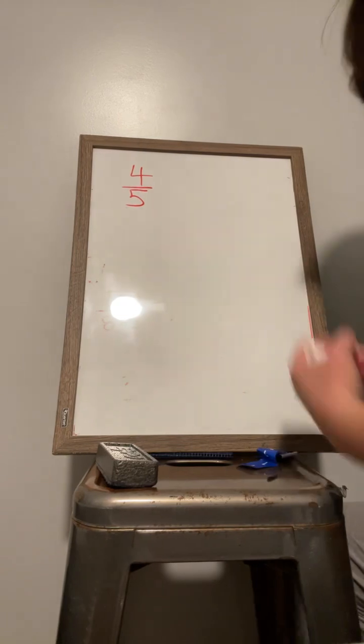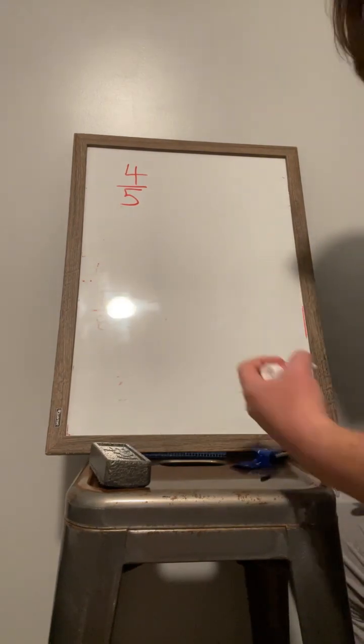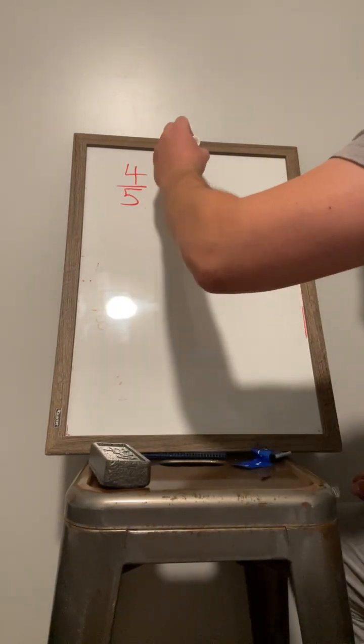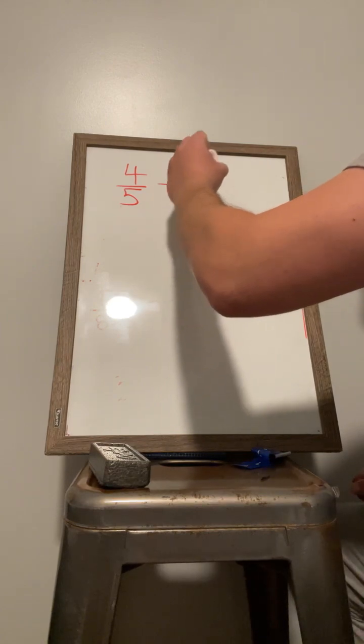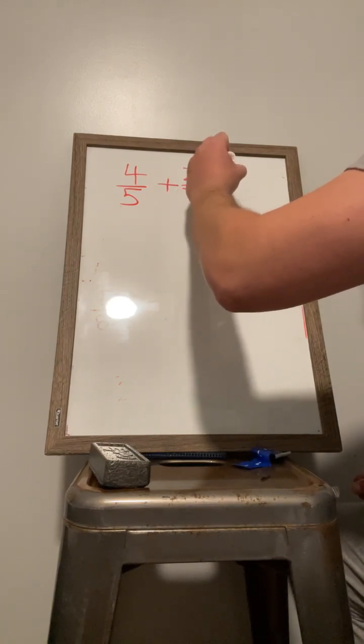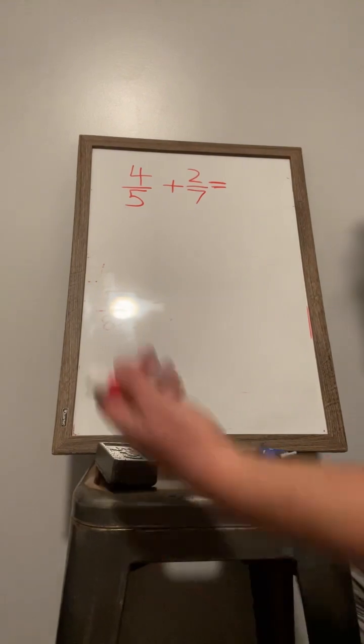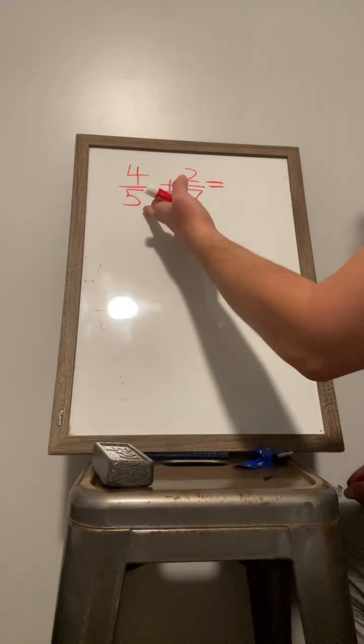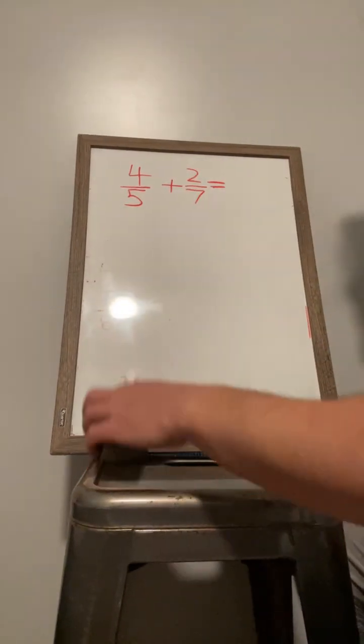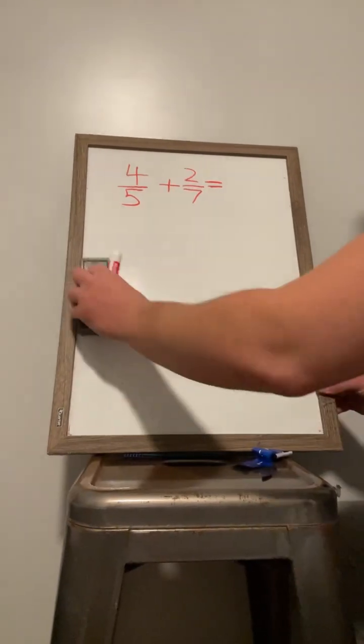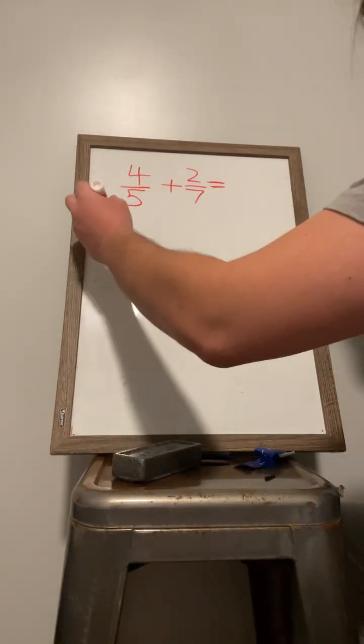All right, next problem, 4/5 plus 2/7. So again, our first step is always to find a common denominator, because we cannot add the fractions when there are two different denominators. So we have to find the least common multiple between 5 and 7. That is step 1.